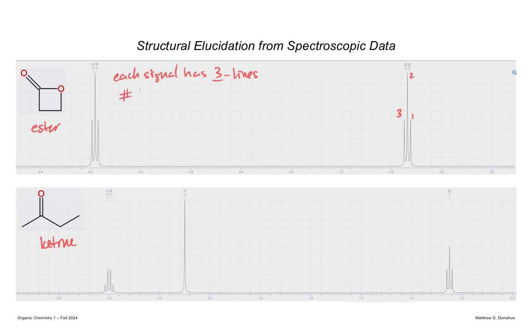The number of lines is called the multiplicity. And then we have this issue of the heights of those lines, or I'll say intensity.